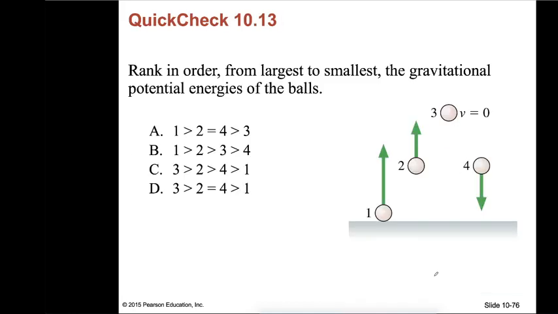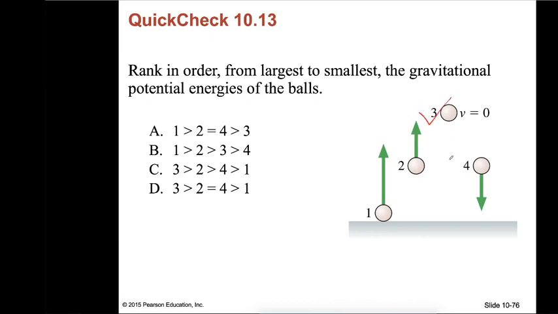Okay, now let's see this example. Rank in order from largest to smallest the gravitational potential energies of the balls. Let's see which ball has the largest gravitational potential energy. Which one has the greatest? The answer is this one.